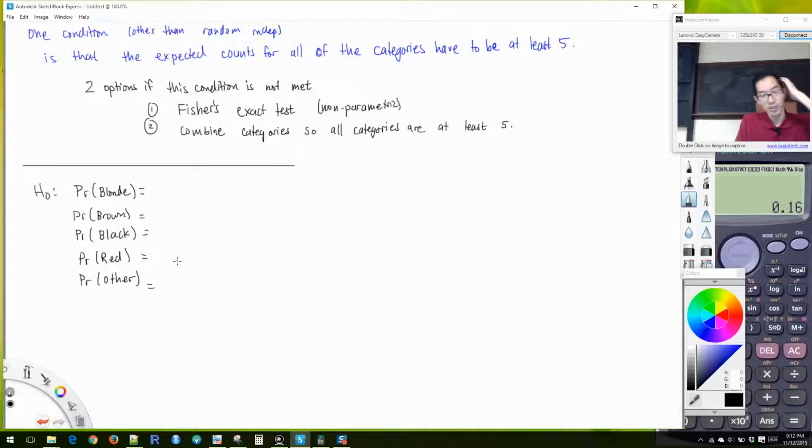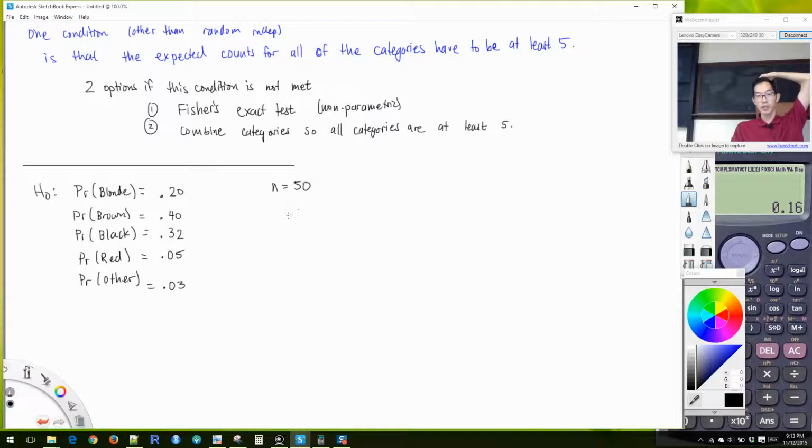This is if we do it for America. I think that adds up. And let's say you take a sample of 50 people.